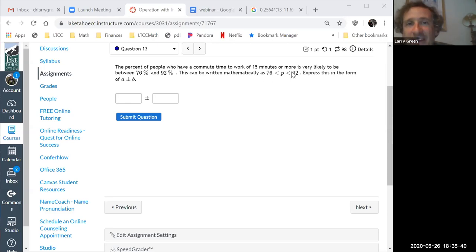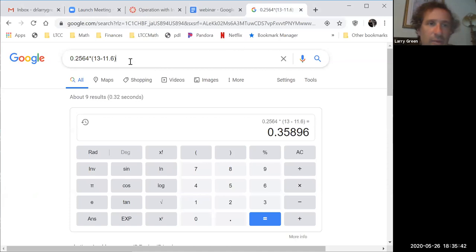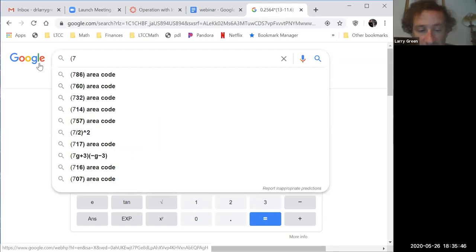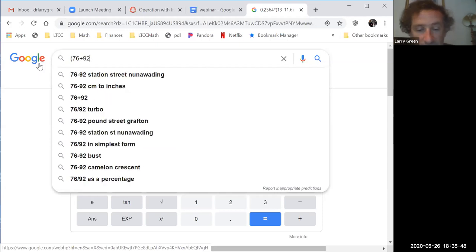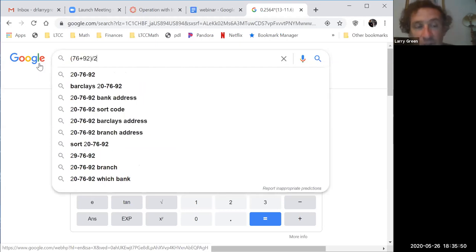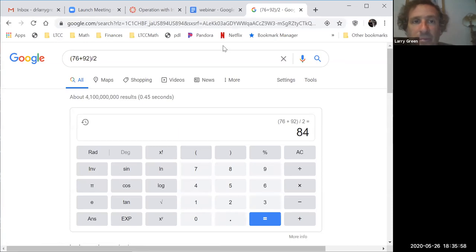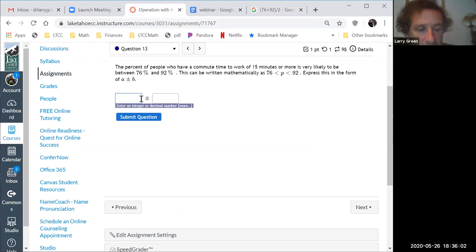We have 76 and 92. So what we're going to do is put a parenthesis, 76 plus 92, and then divide by 2. So we add and we divide by 2. And it gives us 84. So that number there is 84. Any questions on that?